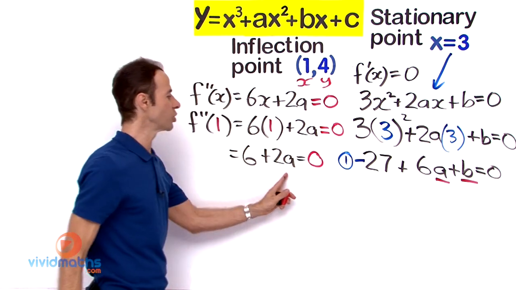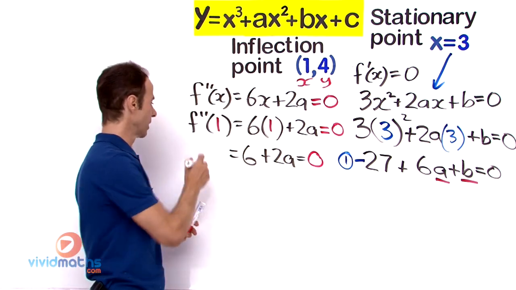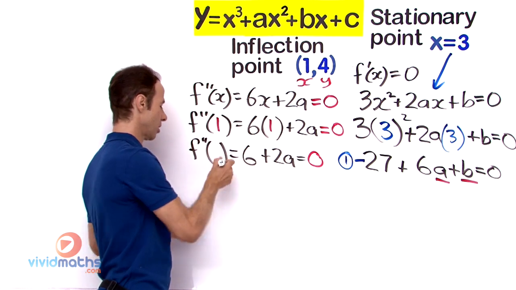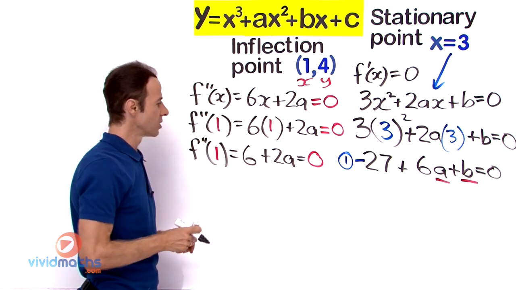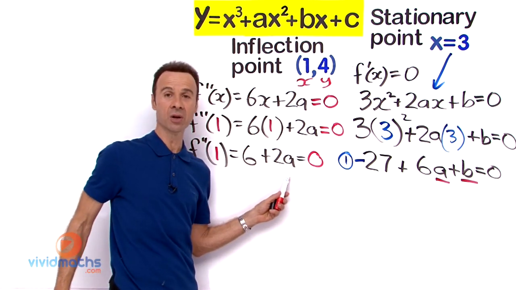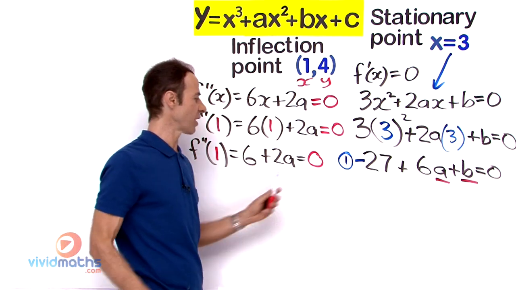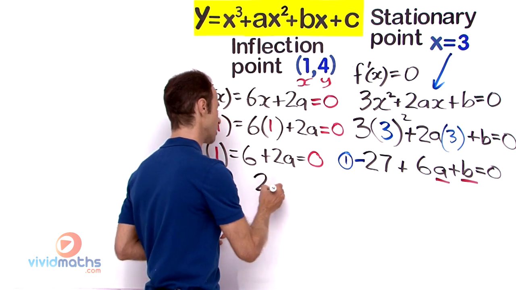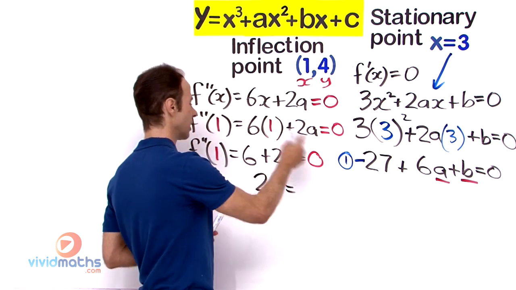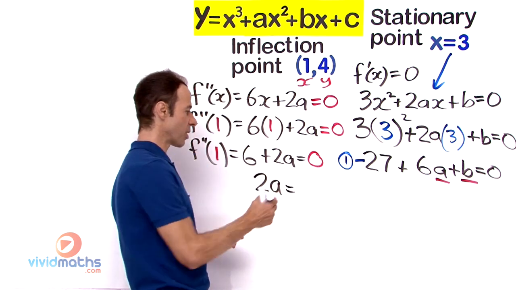So we've got 6 plus 2a equals 0. That's f double prime of 1 right over there. So now we've only got one unknown, so it's going to be easy to work out what a is. Let's move the 6 over to the other side, meaning that we're going to have 2a equals -6. So we subtract 6 from both sides.